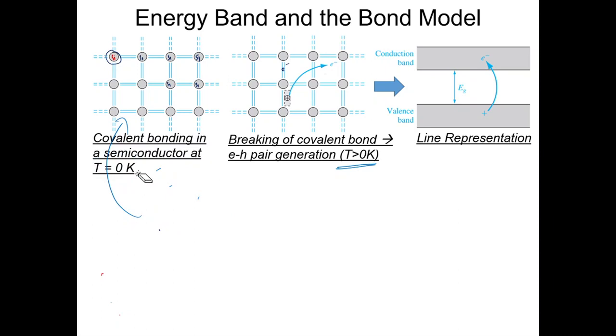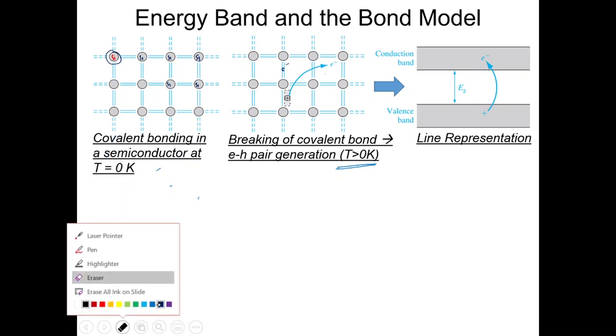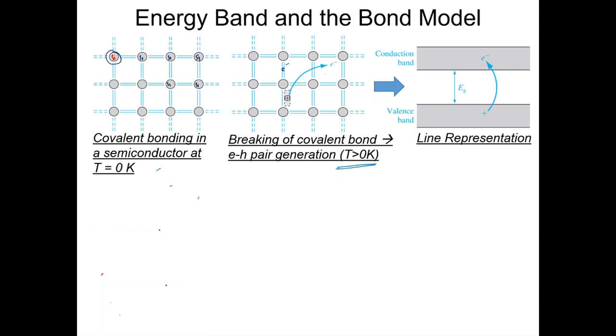Now you may be thinking, how much energy is needed? You may remember the numerical problem which we discussed, that if you have a lattice or an atom and an electron bound, we discussed this potential function and different energy levels across that.